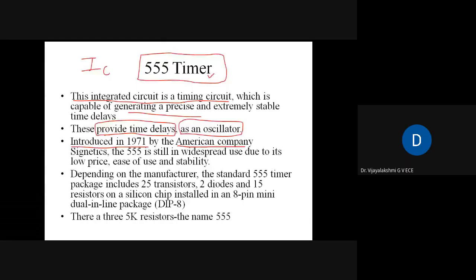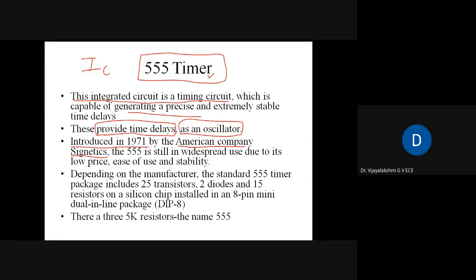When did it come into the picture? It was introduced in 1971 by the company Signetics. Now it is 2020, and we are still using this IC because it is so popular, for various reasons.